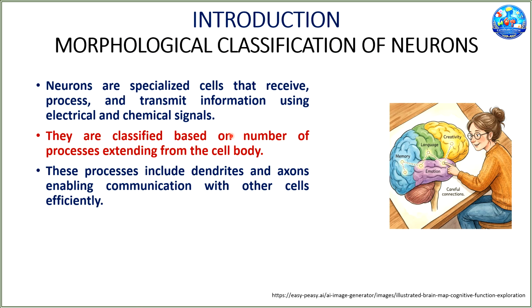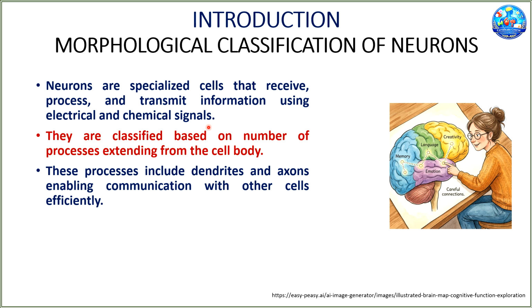Morphological classification of neurons. Neurons are the fundamental structural and functional units of the nervous system, and these are highly specialized cells responsible for receiving, processing, as well as transmitting information through electrical and chemical signals.